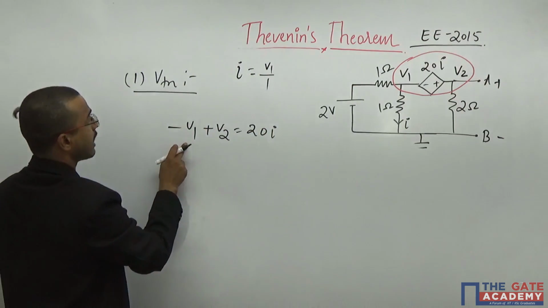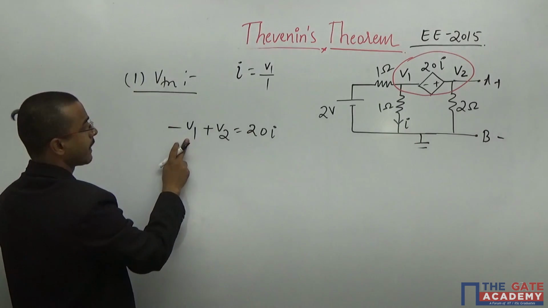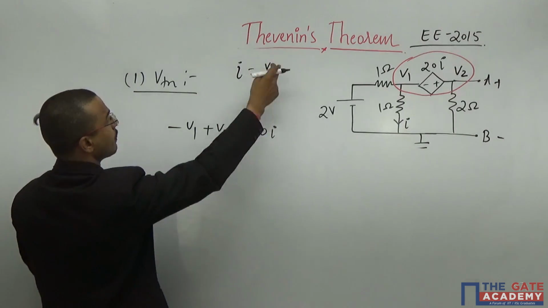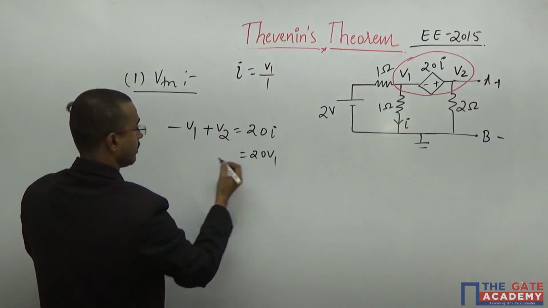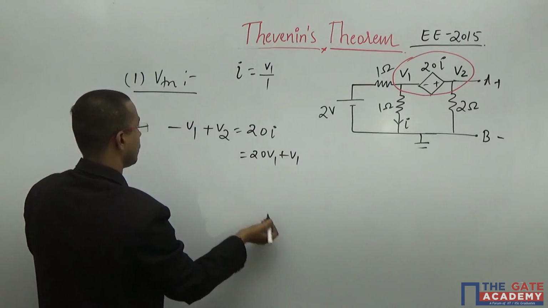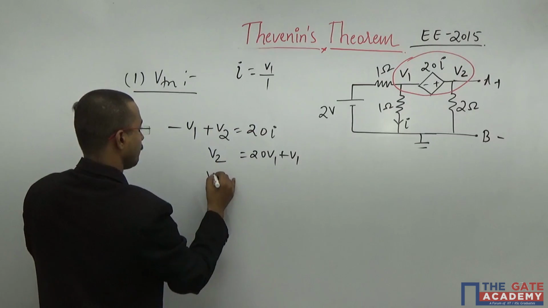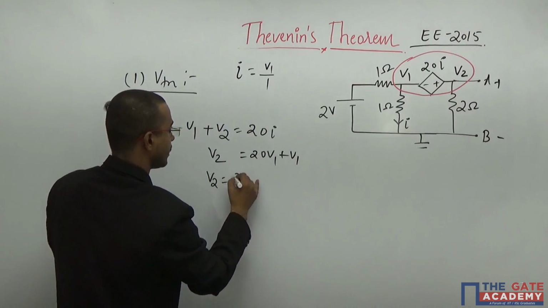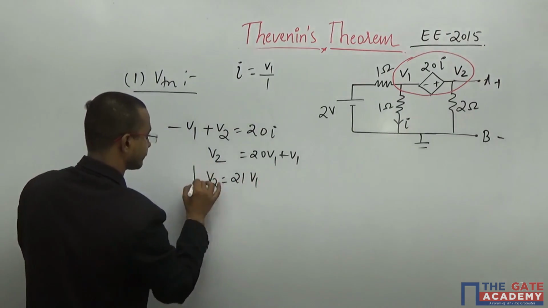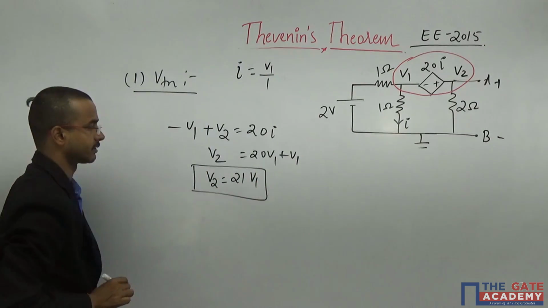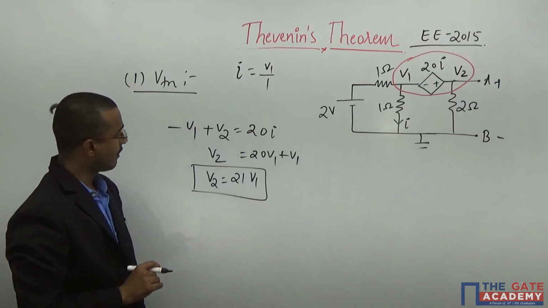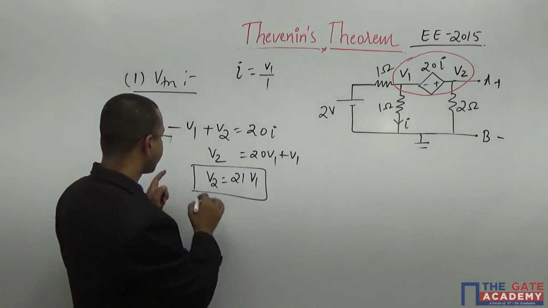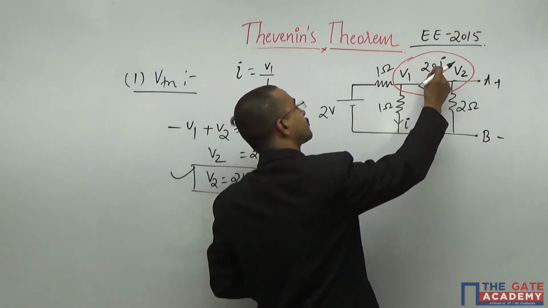So I have the freedom to replace this I by V1. That means 20 V1 plus V1 is equal to V2. V2 is equal to 21 V1. I have done this. This is just because of inside of the super node.